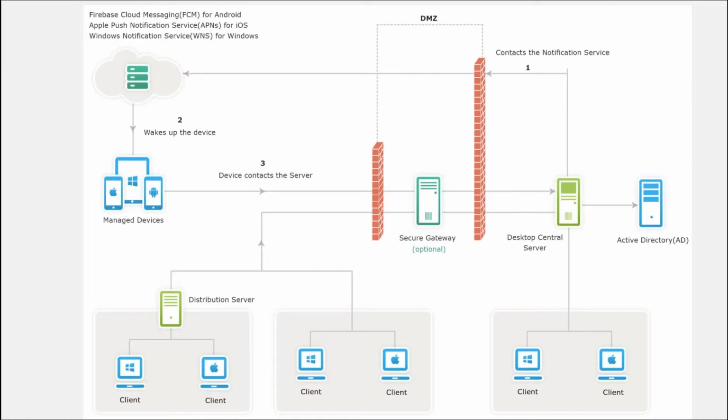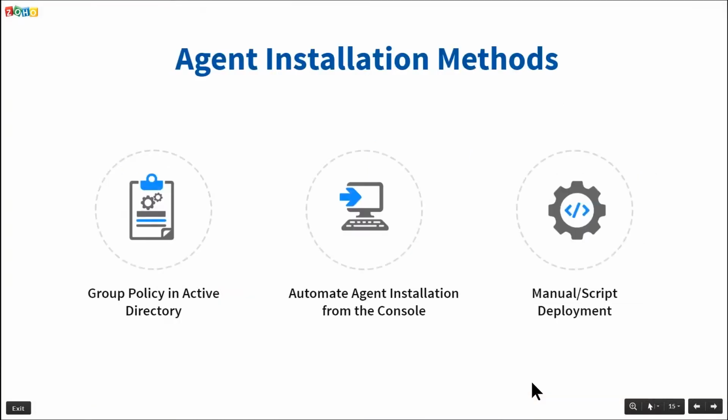Agents should be installed on all the client machines to manage them. To install agents, there are different ways. You can install agents from the console directly, or you can use GPO group policy to install the agent, or you can manually download the files and transfer them to the client machines and install, or you can also use some scripts to deploy the agent.